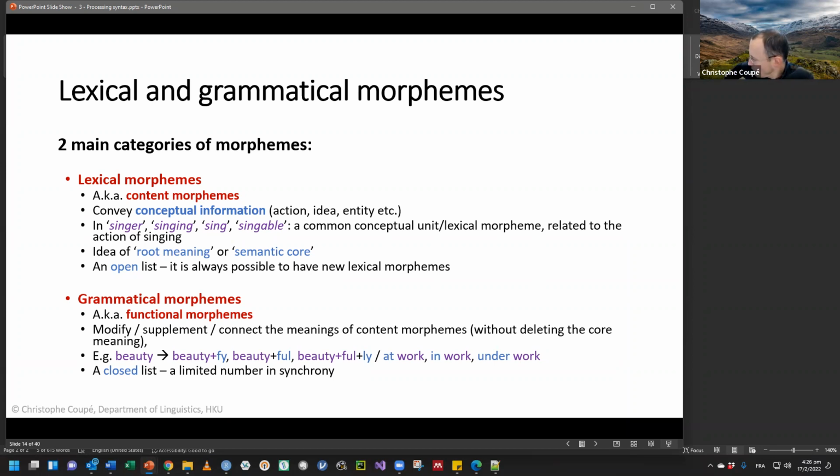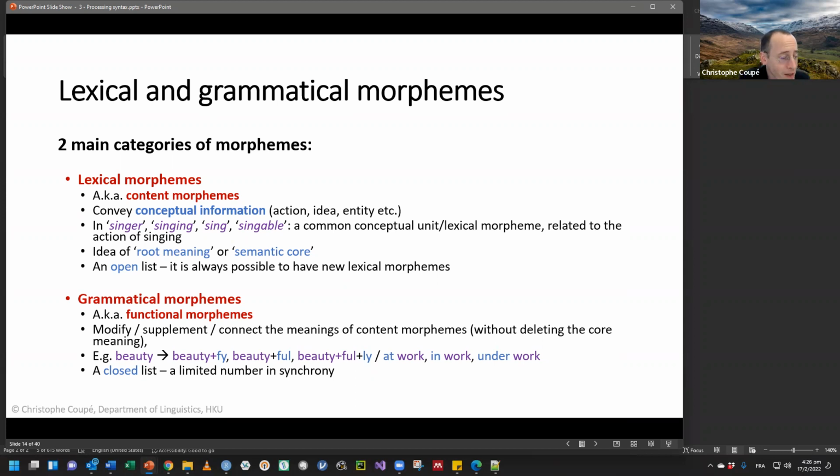So when you have beauty, you can create the verb beautify. Or if you add full, you can create the adjective beautiful. And then if you add ly, you can create beautifully, and now you create an adverb. Or you have stuff like at work, under work, in work.